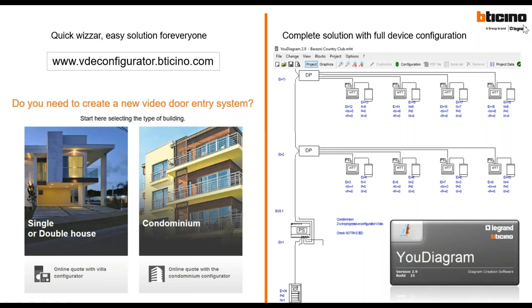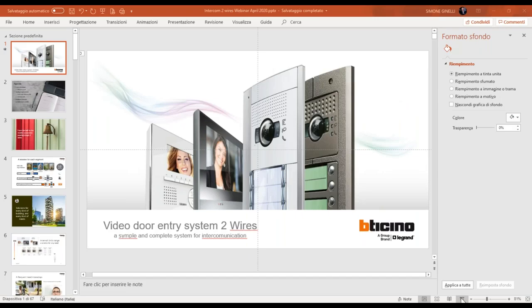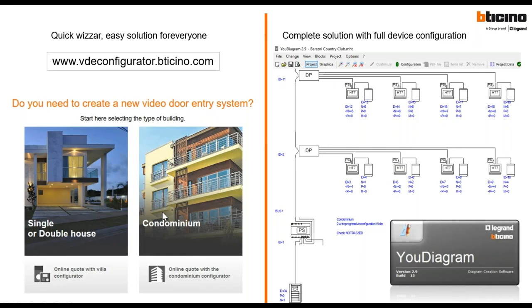You have a simple wizard, and as well the condominium solution, and then there is a wizard that asks you how many internal units you need, how many external panels you need, what kind of aesthetic you want for the external panel, the internal units. You can configure everything, and this gives you a list of products.